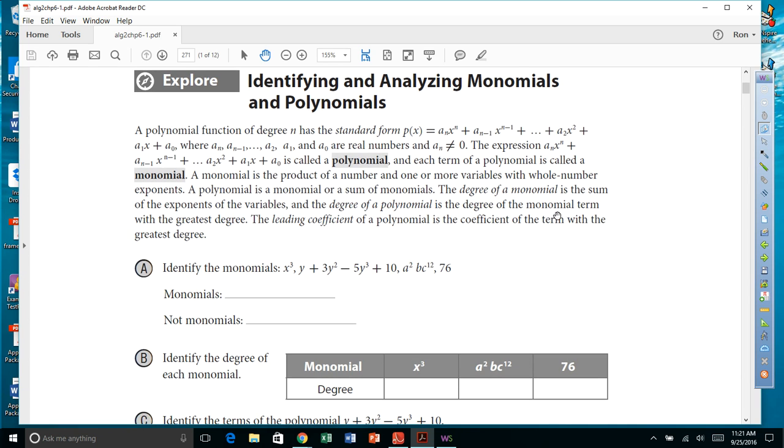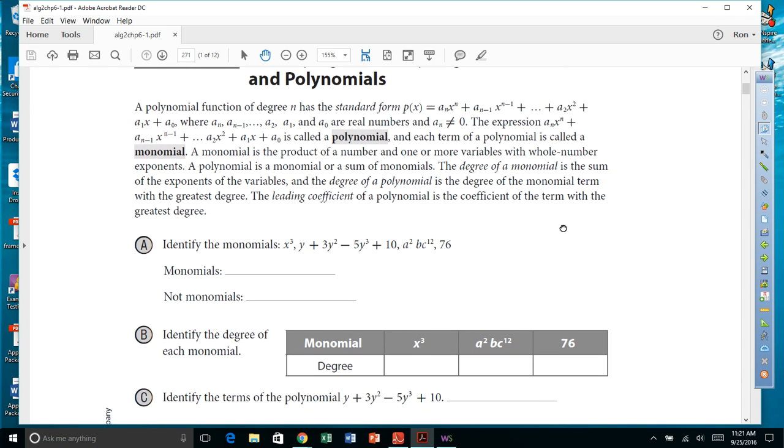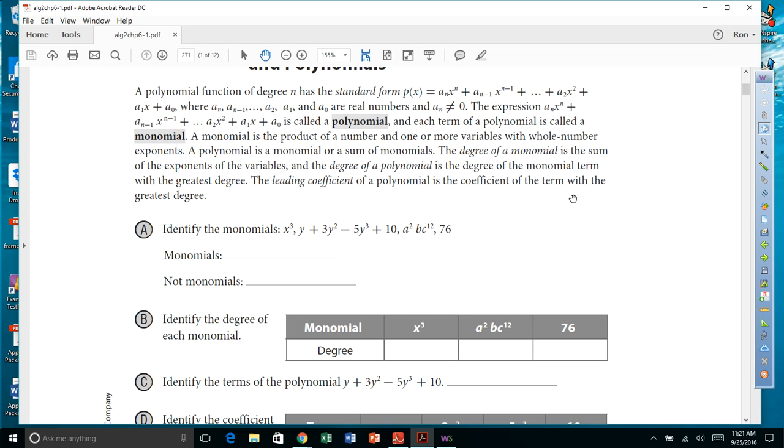Identifying and analyzing monomials and polynomials. A polynomial function of degree n has a standard form p of x equals a sub n x to the nth power plus a sub n minus 1 times x to the n minus 1 power plus and so on, a sub 2 x squared plus a sub 1 x plus a sub 0, where a sub n, a sub n minus 1, and so on, a sub 2, a sub 1, and a sub 0 are real numbers, and a sub n is not equal to 0.